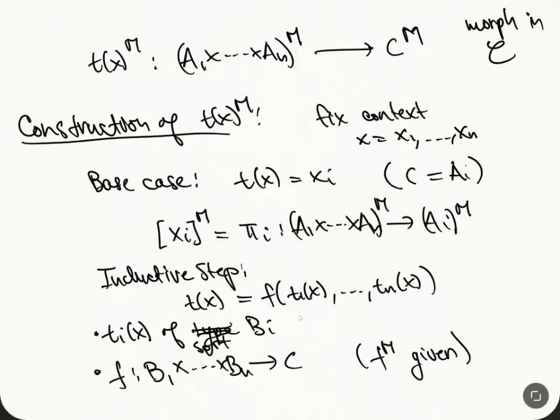So now we have here, by induction, this guy is a function. What does it take in? It takes in a to the m, where a is this big tuple, and it goes to bi to the m. So this is also given.